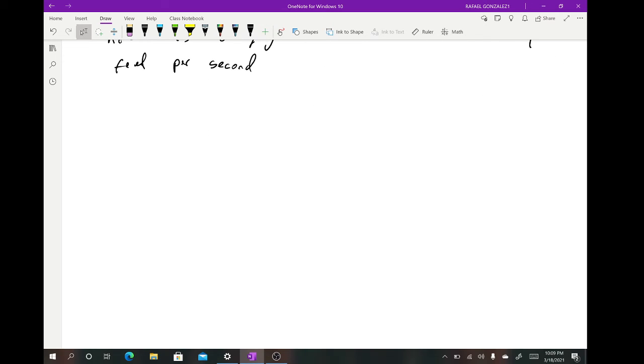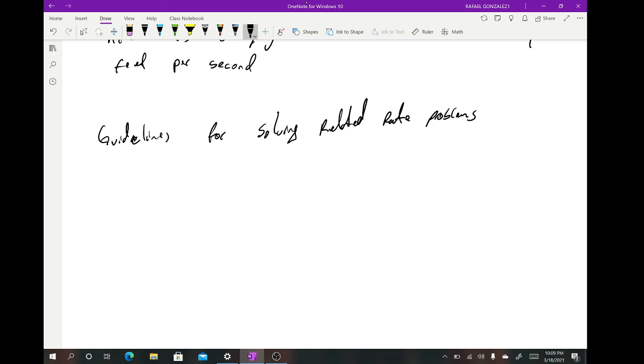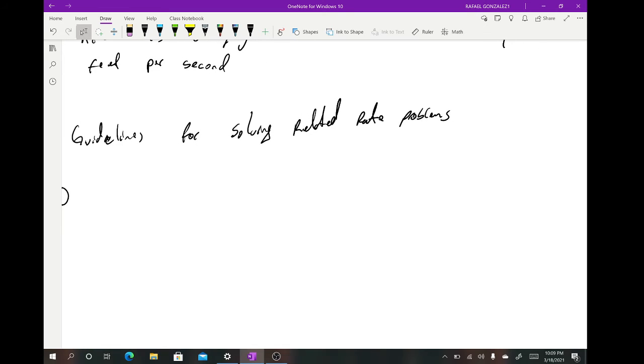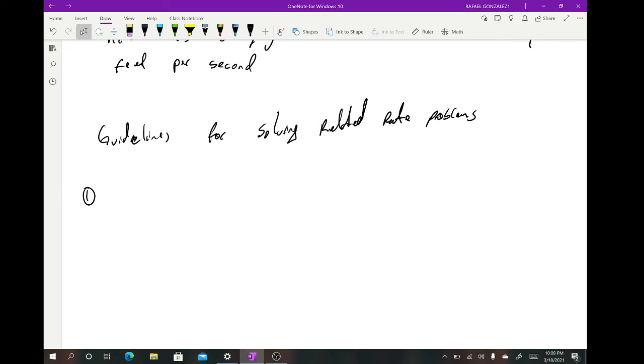So we actually have a few guidelines that will help us solve related rates problems. I've been using them without mentioning them, but if you notice, before I began every problem, I identified all of the quantities that were given and the ones that we needed to find.